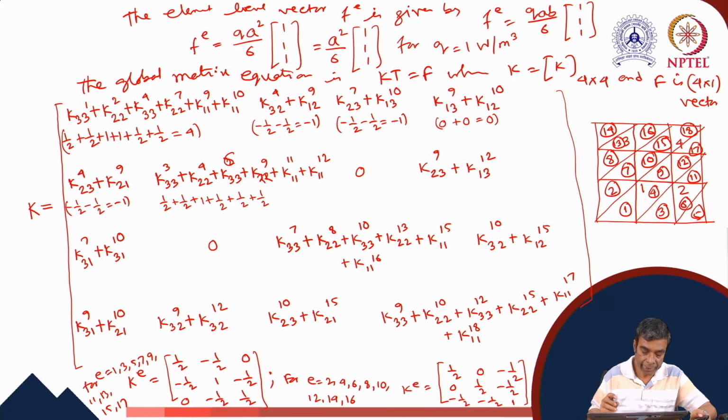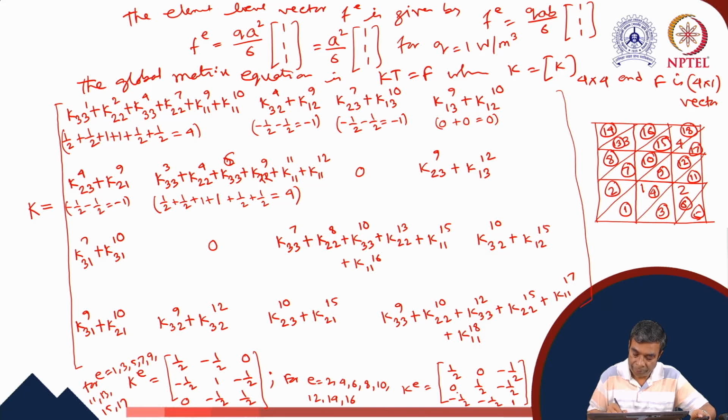Now K229, this is 1. So this should be 1. And we finally get K22 equals 4, K23 equals 0, and K24 equals K239.